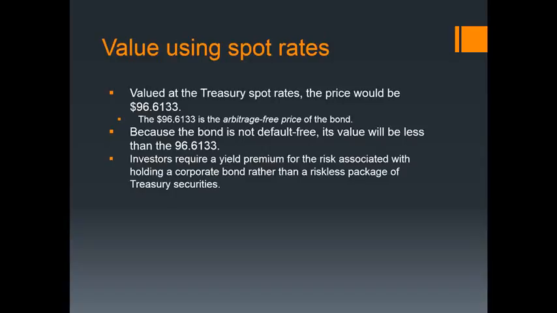But because corporate bonds are not default risk-free, the value would be something less than 96.6133. In other words, investors are going to demand a premium in terms of the yield for bearing default risk. So the value will be less than 96.6133.